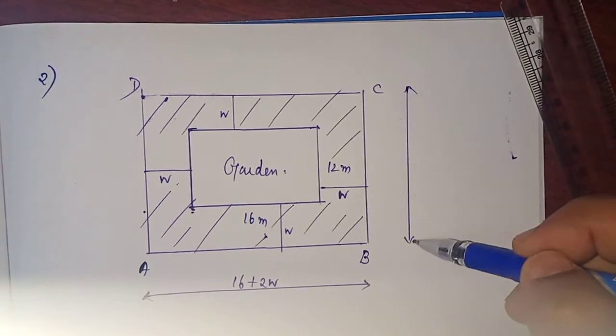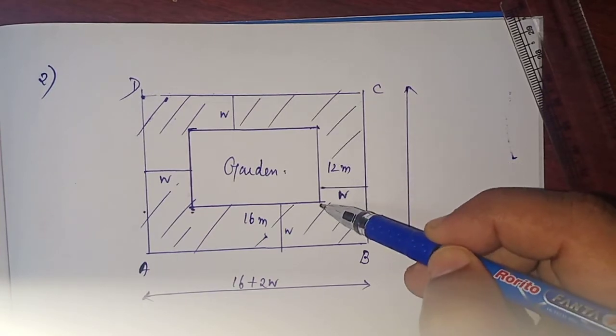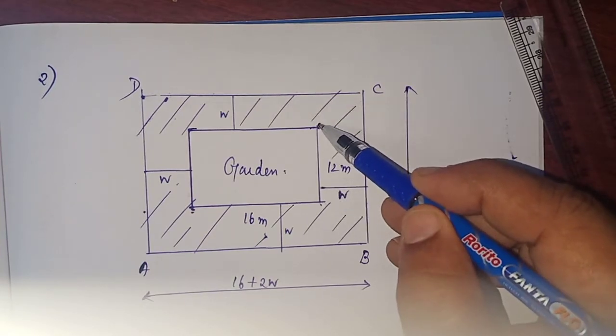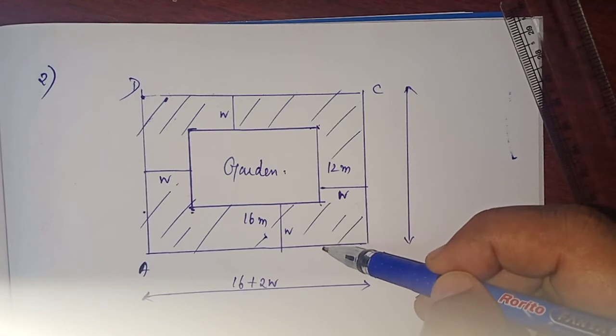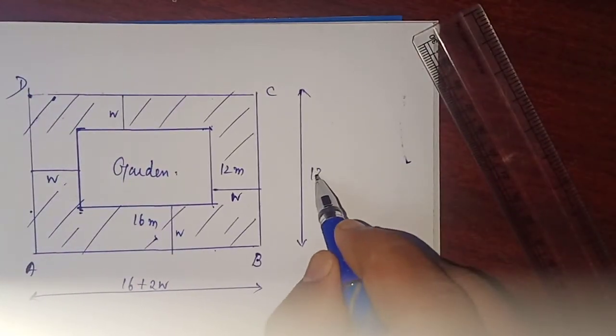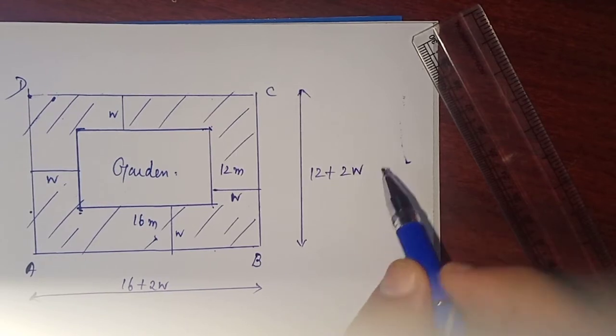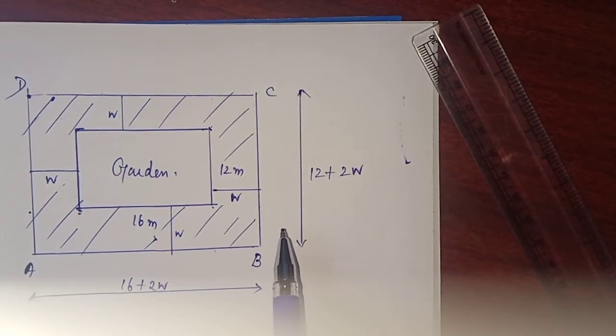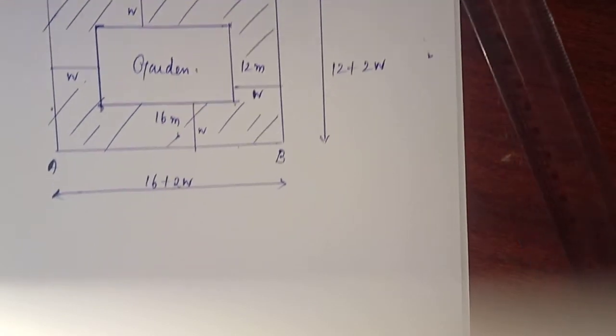Like that, breadth. This portion 12, this portion W, it is also W. So 12 plus 2W, that is the breadth of the rectangular garden, including the path.